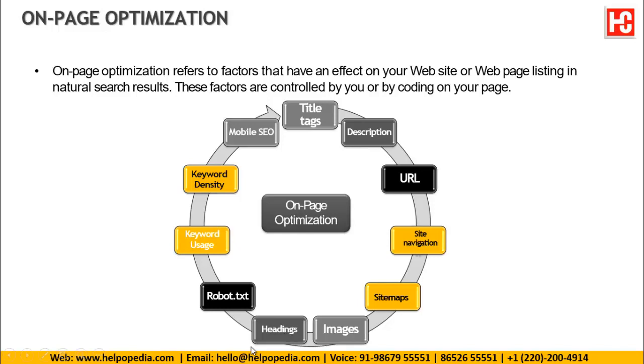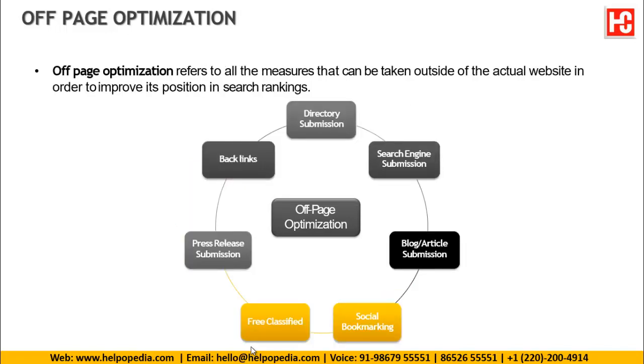Now off-page optimization is a different thing. We do not touch our website. Off-page optimization refers to all the measures that can be taken outside of the actual website in order to improve its position in search engine ranking. In short, it is promoting our websites on various websites like Facebook, social media websites, or classified websites.